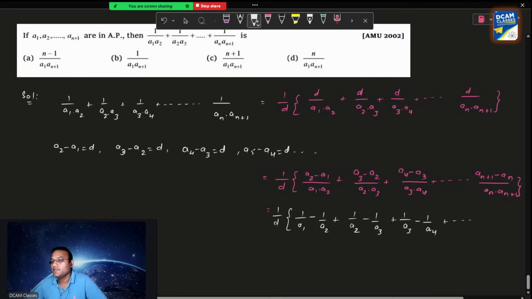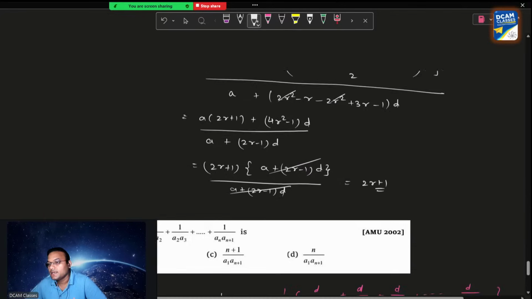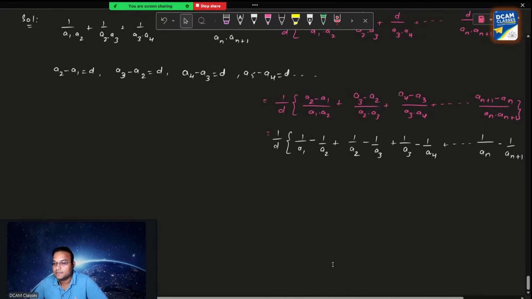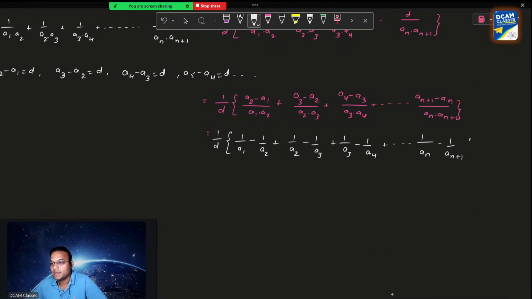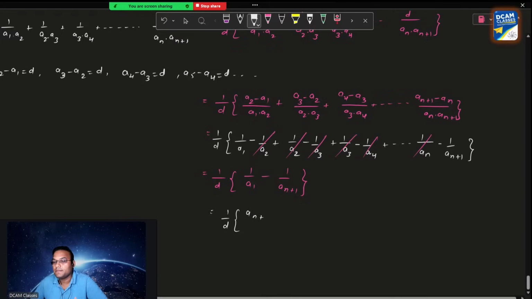Like this you'll get 1 by an minus 1 by an plus 1. If you see it properly, all the middle terms are getting cancelled. So it will be 1 by d into 1 by a1 minus 1 by an plus 1, which is d into an plus 1 minus a1 by a1 an plus 1.